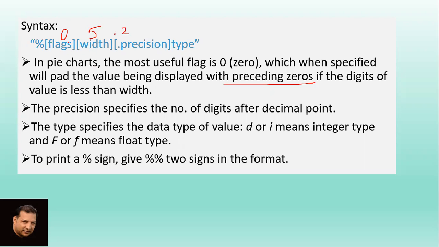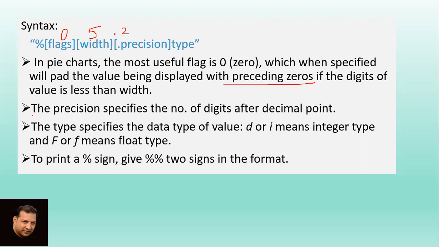Then if the size is more than the value given, suppose the value is only 6.8, then preceding zeros will be there. It will be 006.8, something like this, if the digits of the value are less than the width. That means the empty spaces will be filled with zeros. But if there is no zero, then only blank spaces will be there.